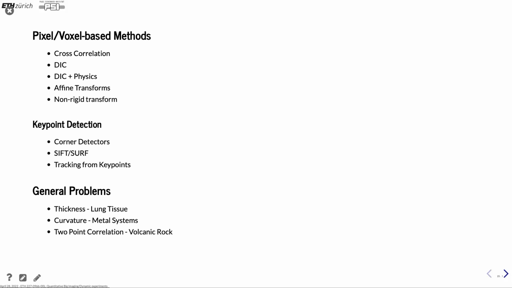That is looking at corners and identifying how they are moving. And they can actually be very helpful in identifying where an object is moving. And problems we have: different thicknesses, we have curvatures, maybe two-point correlation was an example using volcanic rock.